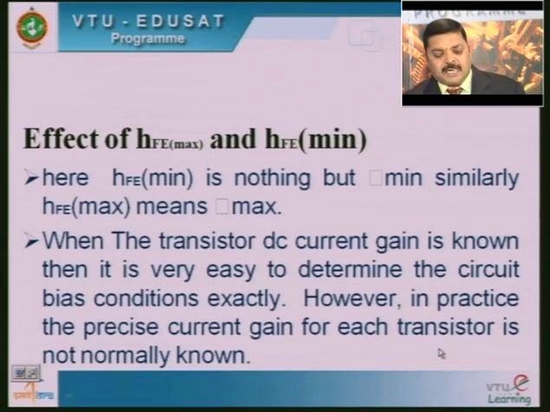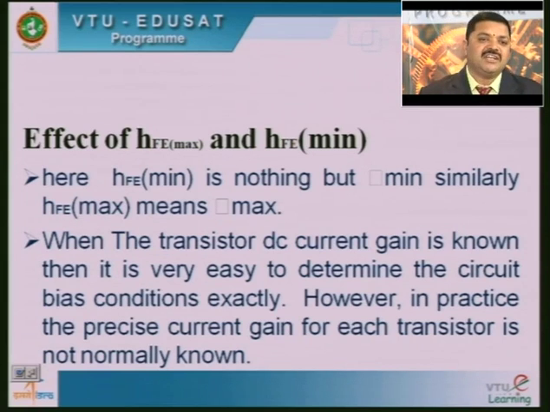Next topic of base bias is the effect if we change the beta or the HFE values. Why do we have to change the HFE or beta value? We take HFE maximum and minimum as an example. This beta or HFE keeps on changing with respect to temperature.